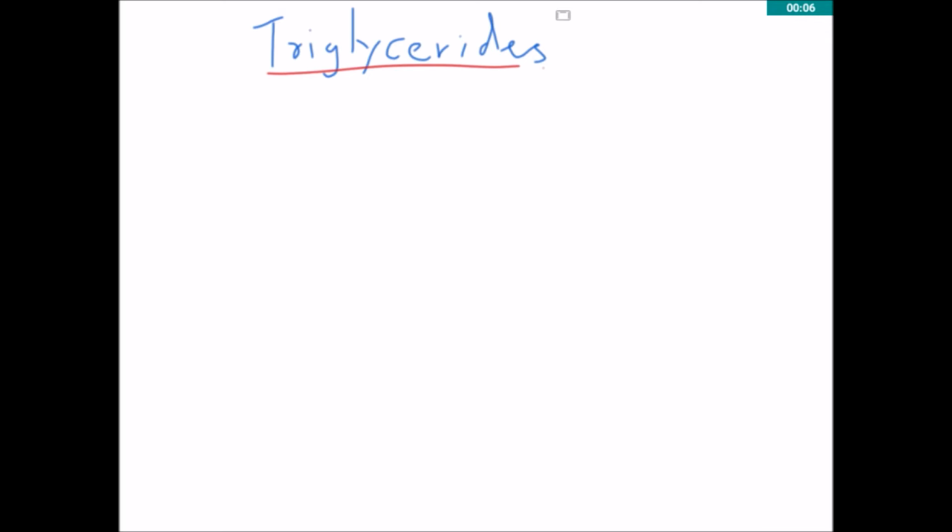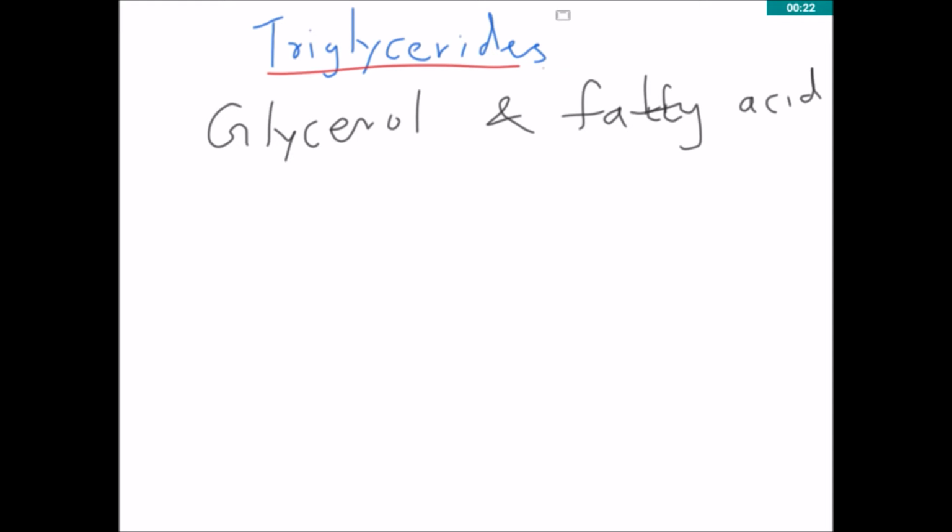They are made up of a glycerol molecule and fatty acid molecules. Okay, now let's see what a glycerol molecule looks like.